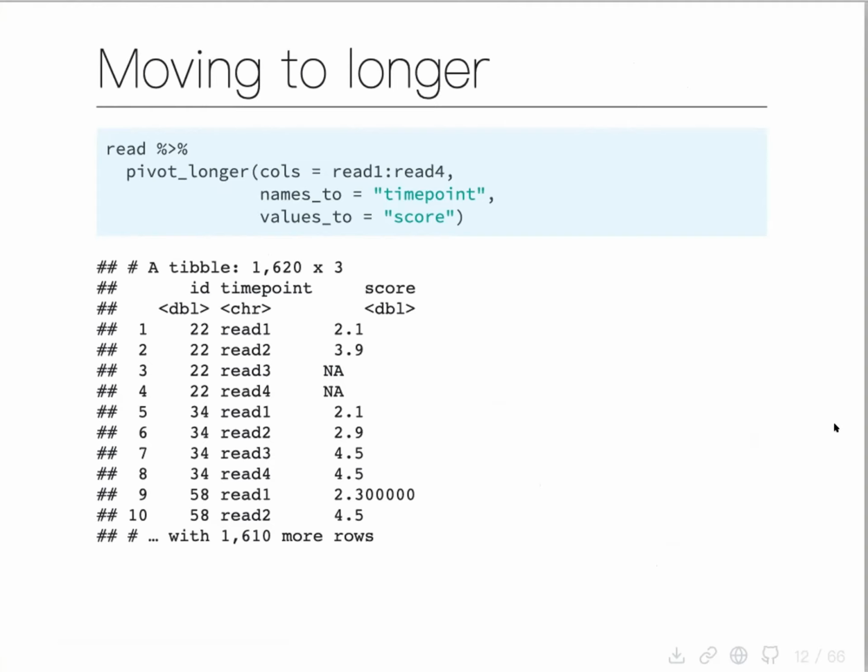Okay, the initial draft of this function was called pivot long, and actually on Twitter, Hadley solicited feedback and somebody said longer might be better, and I think that's a significant improvement because you'll hear people talk very often about long data and wide data.